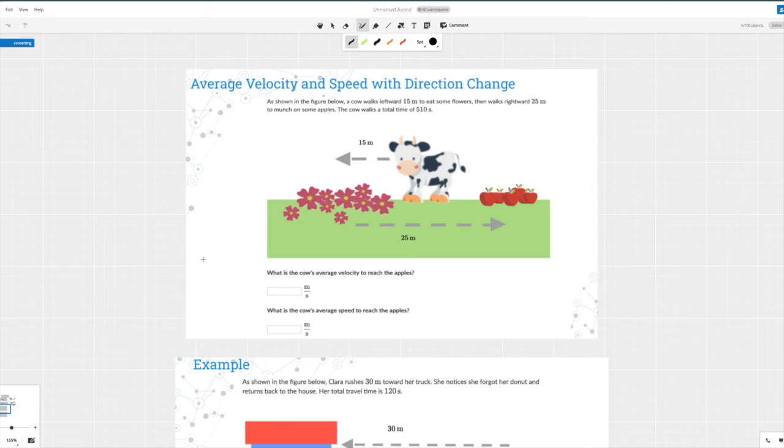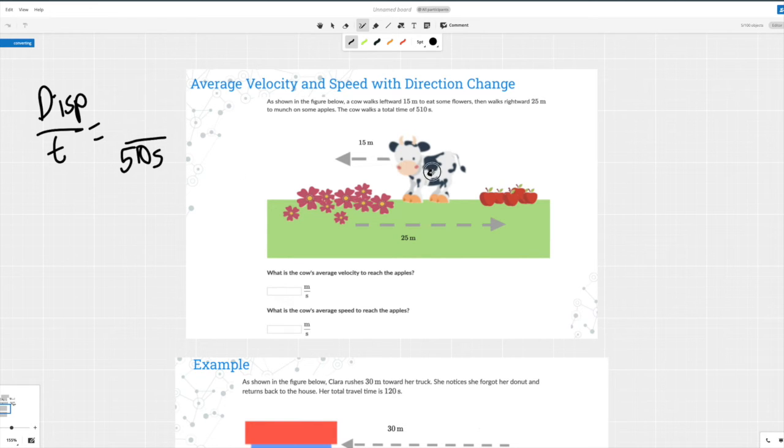Okay, so velocity is, as we said, displacement, I'm just going to abbreviate it as disp, over t. So what's its displacement? Okay, let's do the easy part first. What is its time? It's given as 510 seconds. And let's see its displacement.